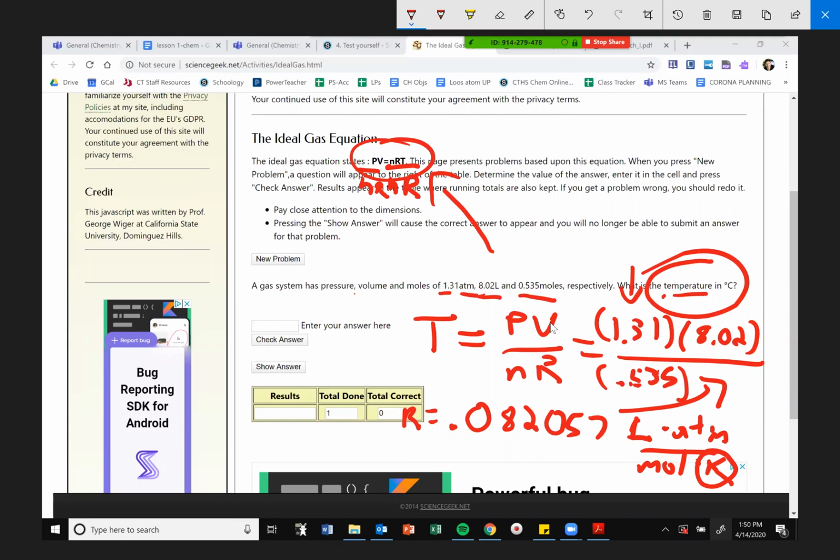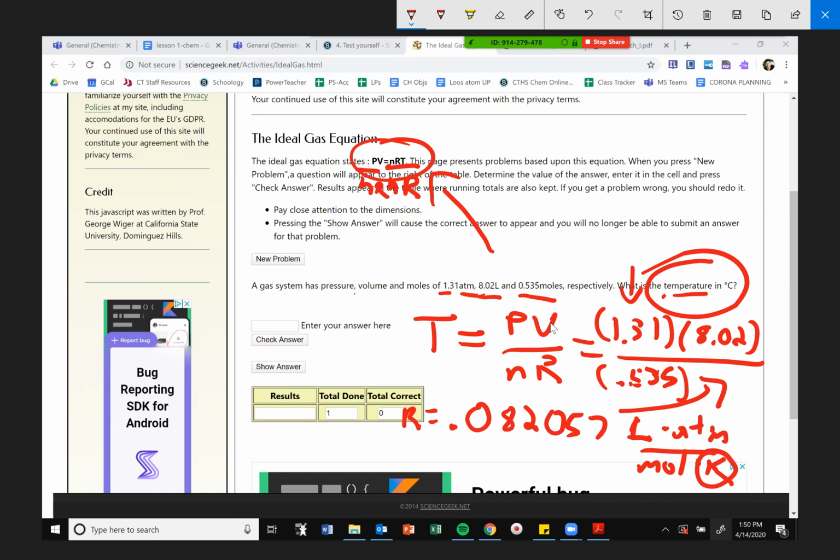If I plug this into the calculator, what I'm going to plug in is 1.31 times 8.02 divided by 0.535 divided by 0.08257.